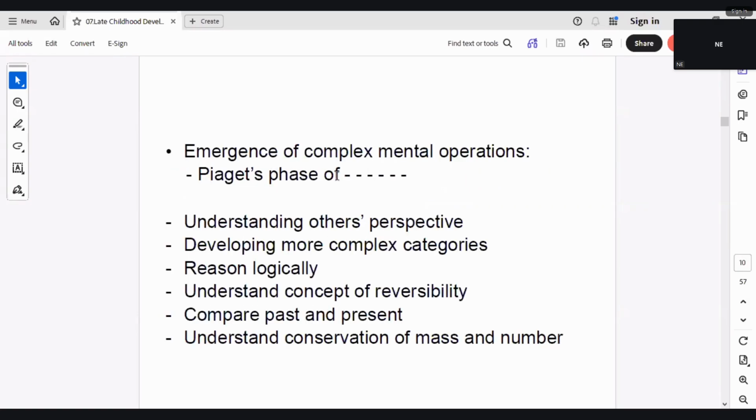Now, looking at their cognitive skills, we talked about Piaget and how he covers this phase of life in terms of their cognition. So understanding others' perspectives, complex categories, logical reasoning, like we said, reversibility, comparing past and present, conservation of mass and number.